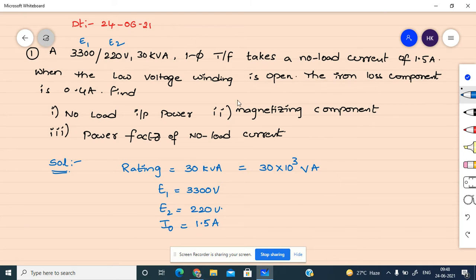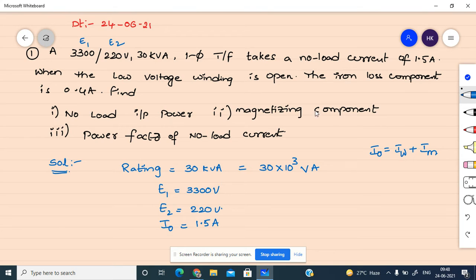Next, the iron loss component is 0.4 amperes. See, our no load current is the sum of the iron loss component and the magnetizing component. IW is nothing but the core loss component or iron loss component. This current indicates the loss, so that's why it is called the loss component.